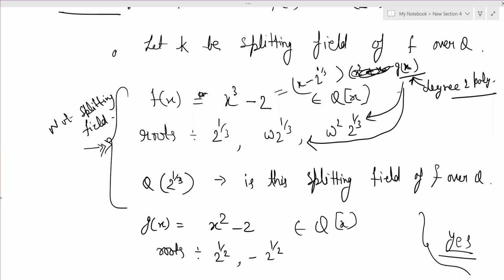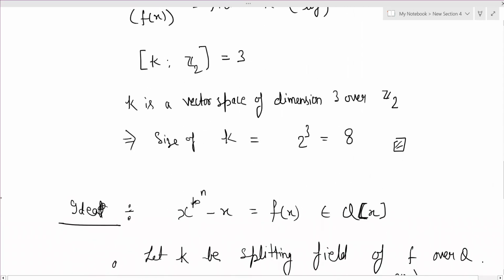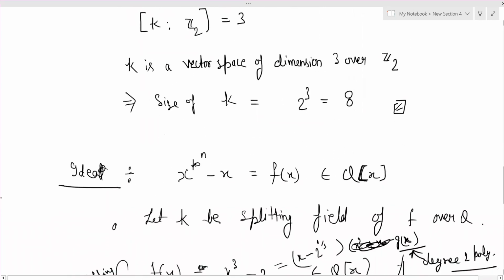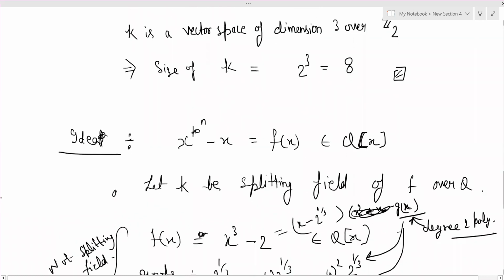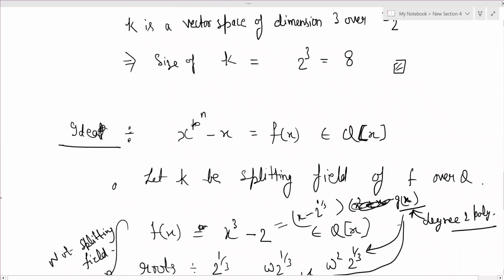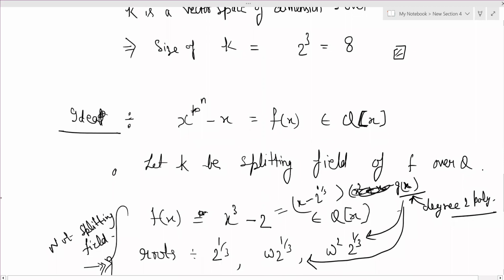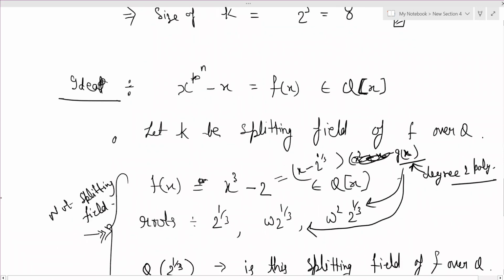Okay, so what we are doing, I am giving you an idea. I gave you this polynomial in Q[x], and I am saying let K be the splitting field for f over Q. For any polynomial over Q[x] or over any field, you can find a splitting field for that polynomial. The existence of the splitting field will be done in your class, so you can assume that there exists some field where any polynomial factorizes completely into linear factors.